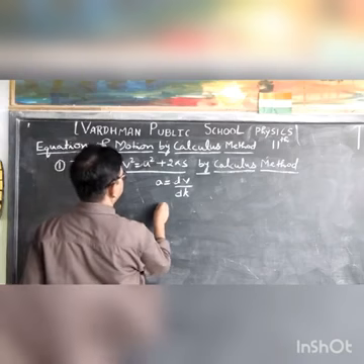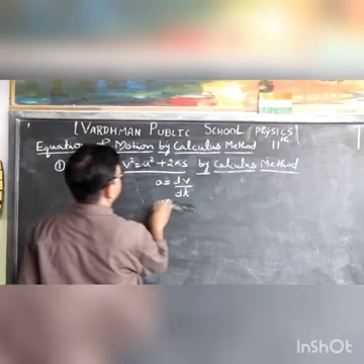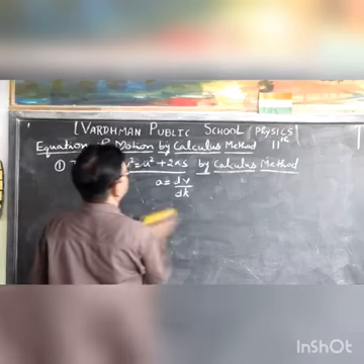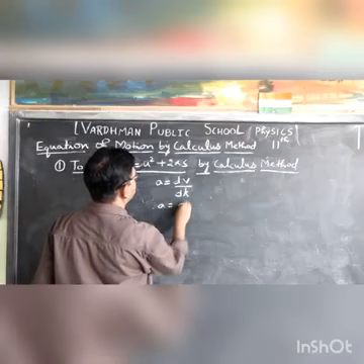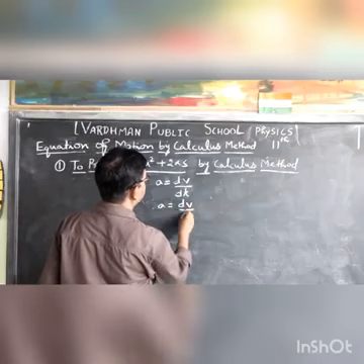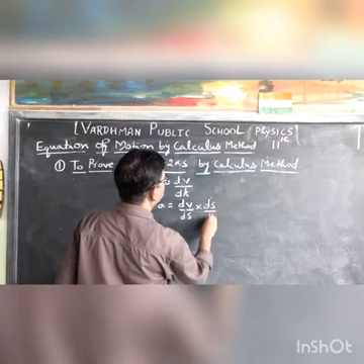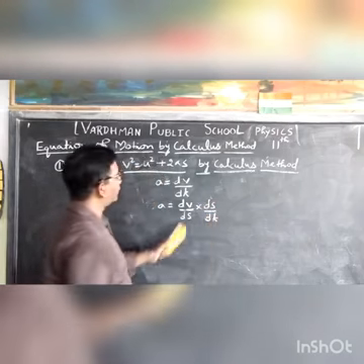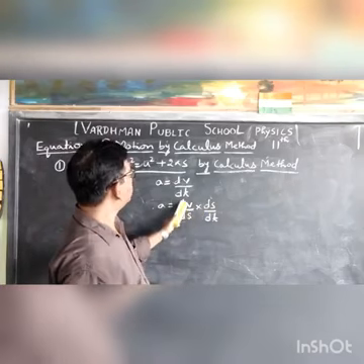We can also write a is equal to dv upon ds into ds upon dt, because when we cancel ds from numerator and denominator, it becomes dv upon dt.